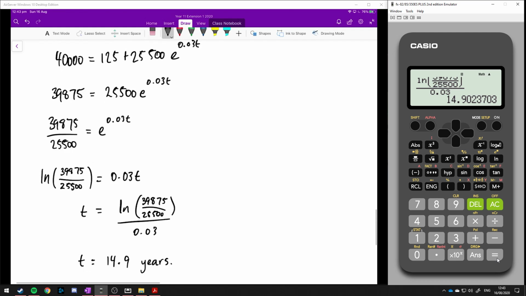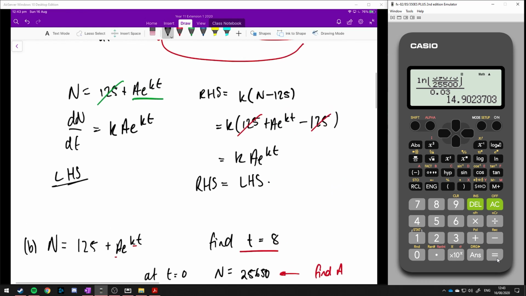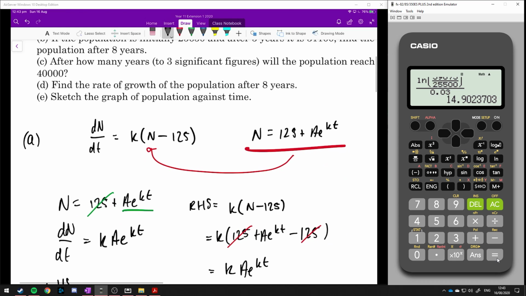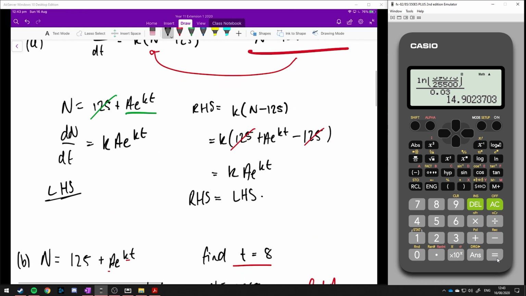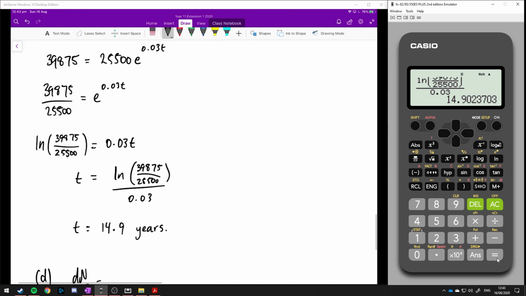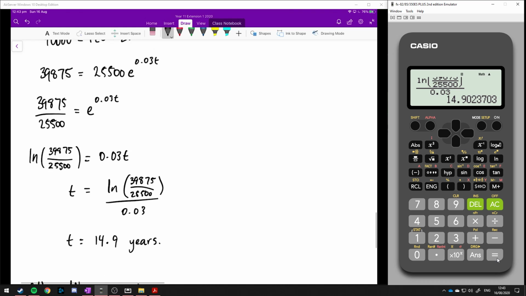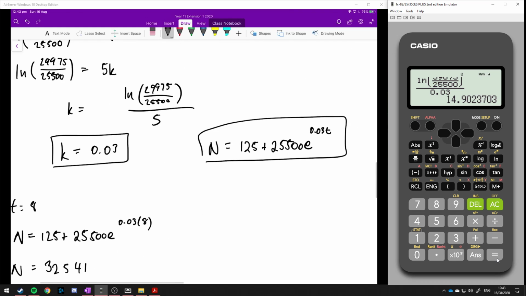In part A of this question, we've actually worked out the formula for the derivative, or it told us at least anyway, which was k lots of Ae to the kt. So you could have just taken the formula from up here and found the derivative of that.